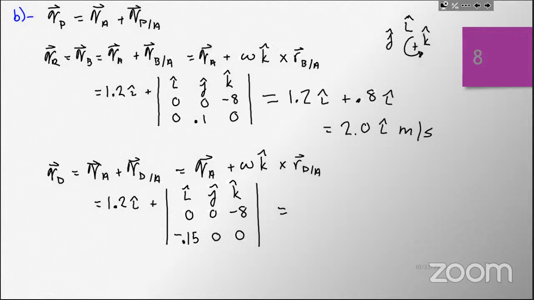What am I left with if I do that cross product? I cover it and cover it. What do I have? Zero. 0 times 0 minus 0 times negative 8 in the I direction because of J cross K.